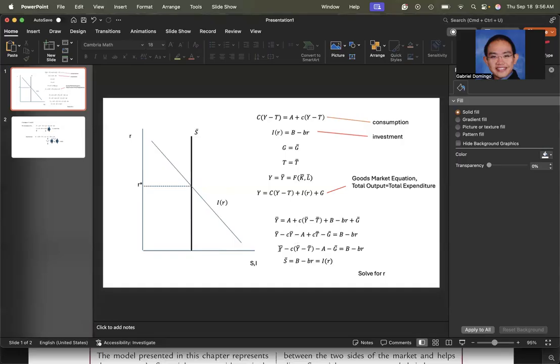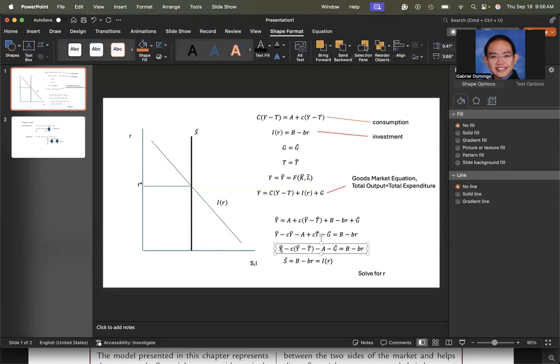And if these were numbers, so in a numerical exam, for example, the Y bar could be some number, C would be some number less than 1, and then Y bar would be a number, T bar would be a number. A, which is your exogenous consumption, which is here, that's also just some number. And then G bar is also just some number.